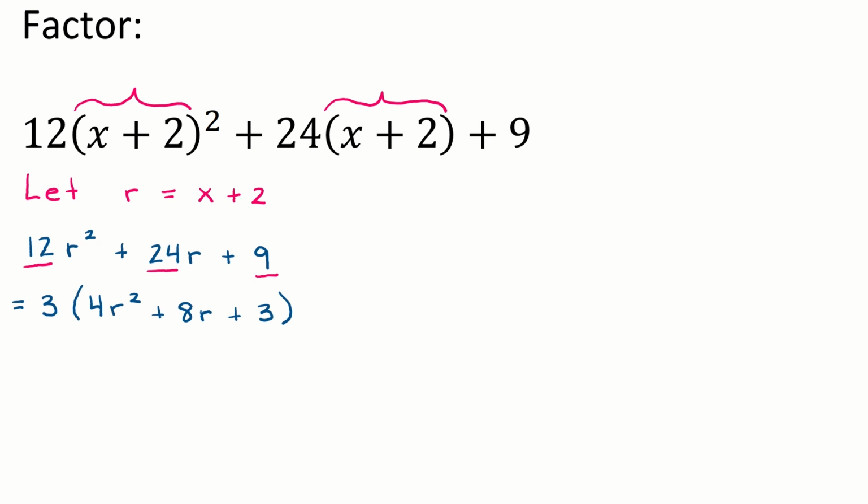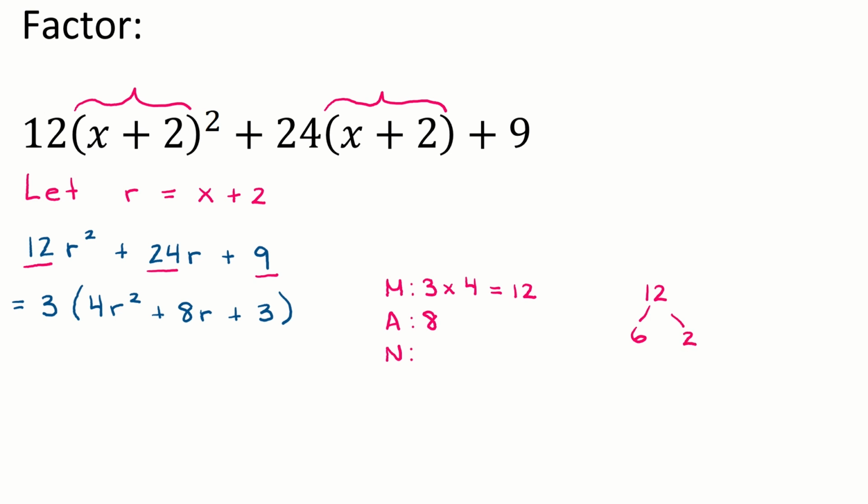Now I'm going to factor it using MAN. This is a complex trinomial, which means for the multiplication portion, we need to multiply 3 times 4, which is 12. So we need to multiply to 12, and we need to add to the middle number, which is 8. The two numbers that work in this case, factors of 12 that work, are 6 and 2.